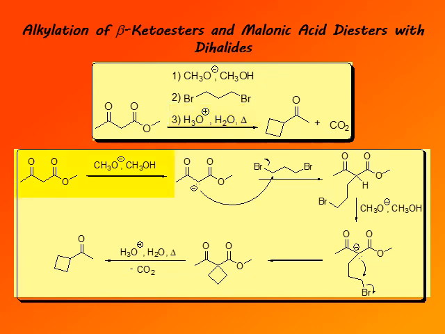Here is the mechanism. Here are details of the mechanism. So the first step is deprotonation to give the enolate anion, and then in an SN2 reaction, this enolate anion forms a carbon-carbon bond. In the next step, the resulting intermediate is deprotonated again, so there is one more acidic proton left, and that second acidic proton is removed, and then the enolate anion in an intramolecular reaction now displaces bromine to form the four-membered ring.